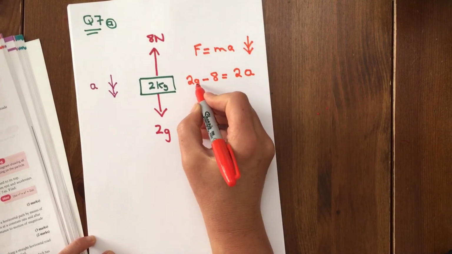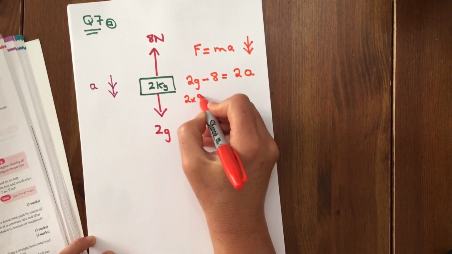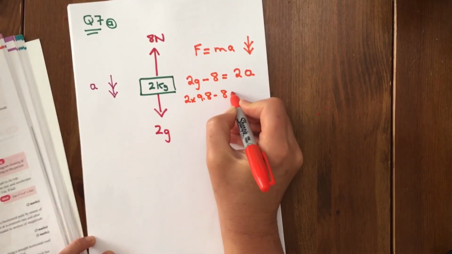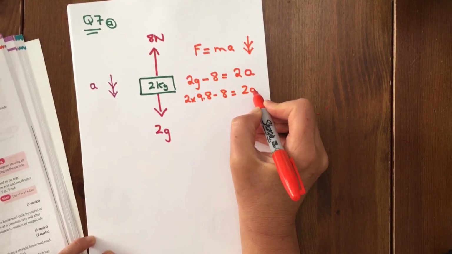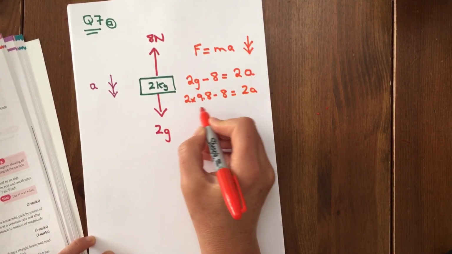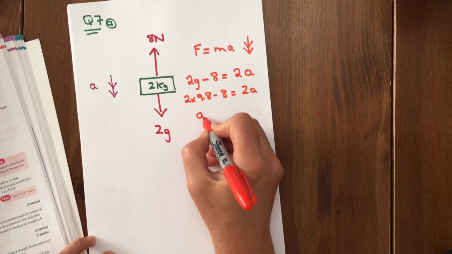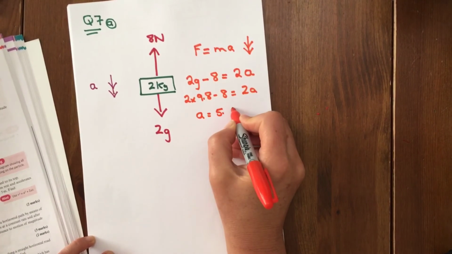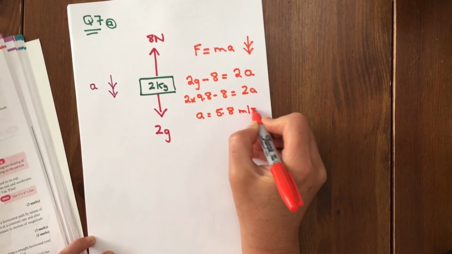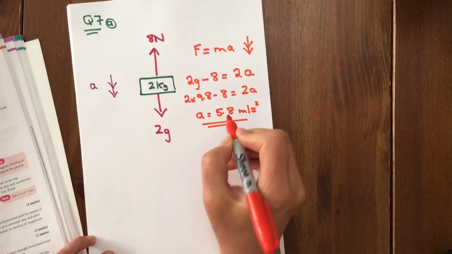So if I put g to be 9.8 into this equation, and if I work out this side and I divide by 2, I will get a to be 5.8 meters per second squared.